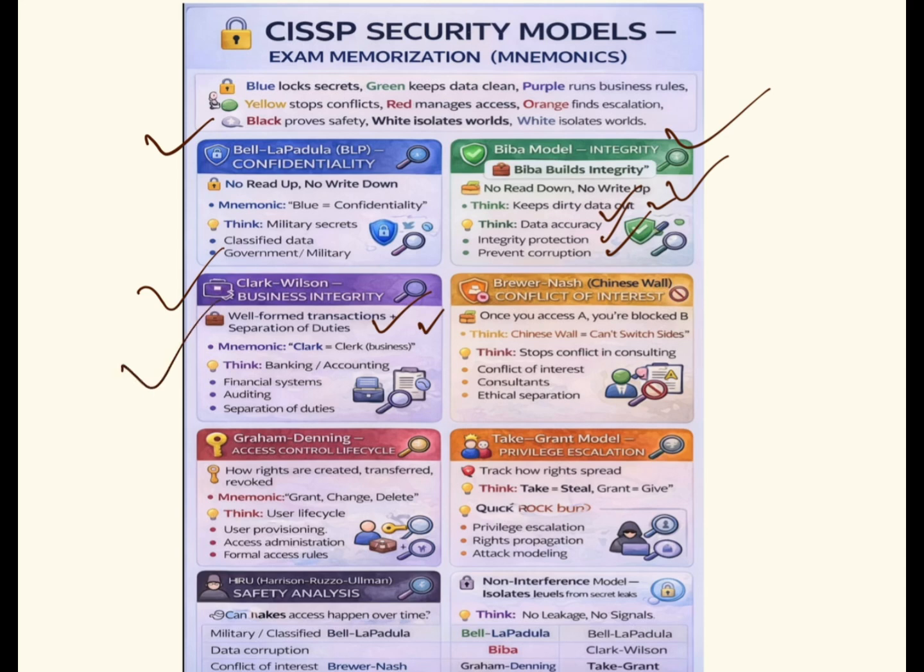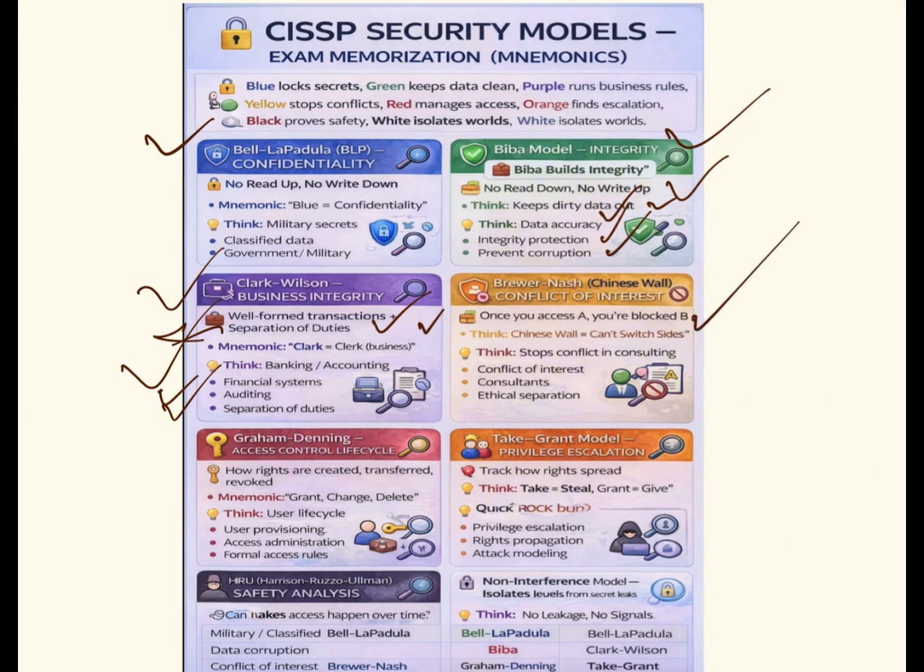If we perform any activity on a financial system, before we modify or add anything, it should go through the approval system. So it talks about financial system auditing and separation of duty. I think the key term we should remember is separation of duty. So Bell-LaPadula talks about confidentiality, Biba model talks about integrity, and this model talks about separation of duty.